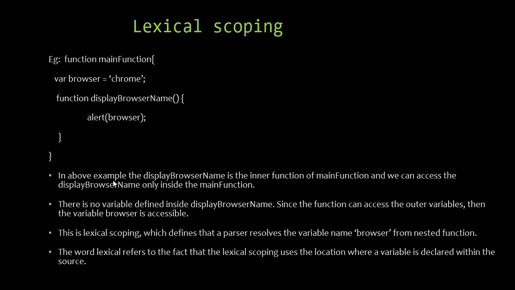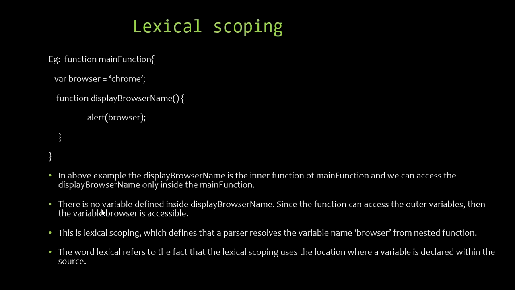So in the above example, display browser name is the inner function of main function, and we can access display browser name only inside the main function, not from outside any scope.